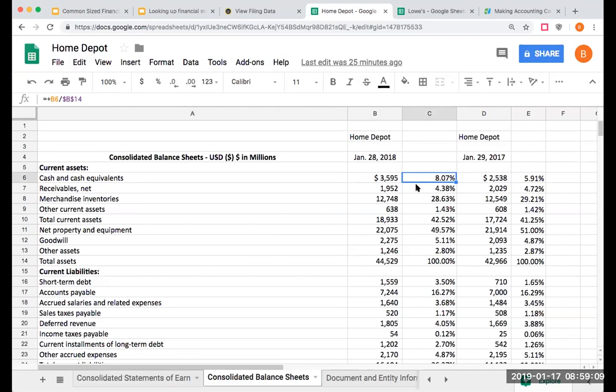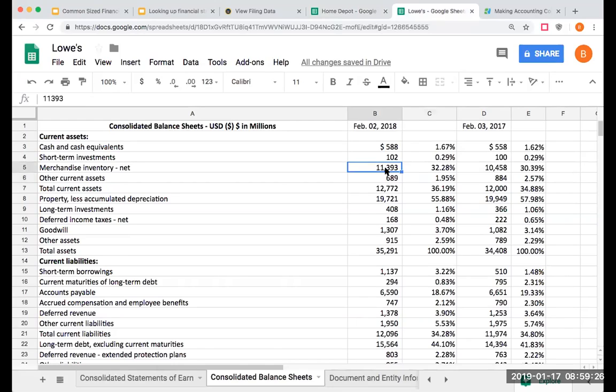So right here, my cash and cash equivalents are roughly around 8%. And my merchandise inventory for Home Depot is 28% of my total assets. For Lowe's, it's about 32% of their total assets.